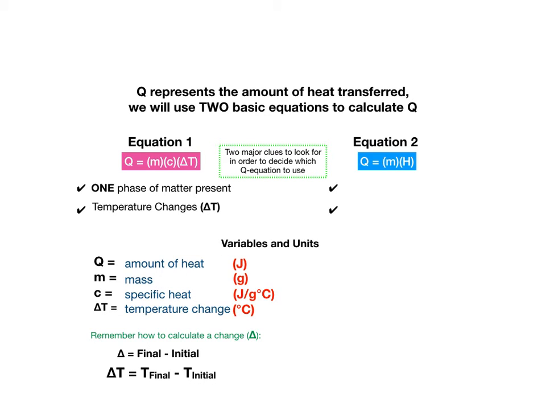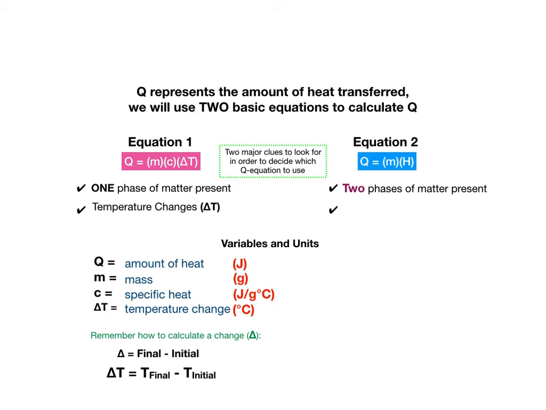On to equation 2. Q equals m times capital H. Two big things to look for to help you recognize when to use equation 2. First, you will have two phases of matter present. In your container or in the description of the word problem, you will have both solid and liquid present together, or liquid and gaseous phases present together.